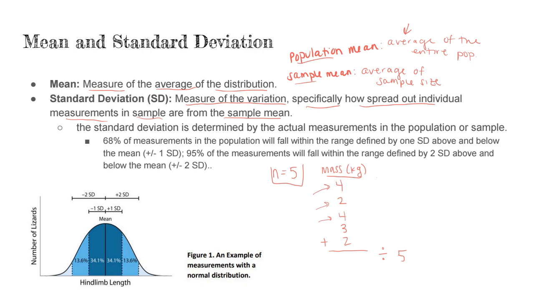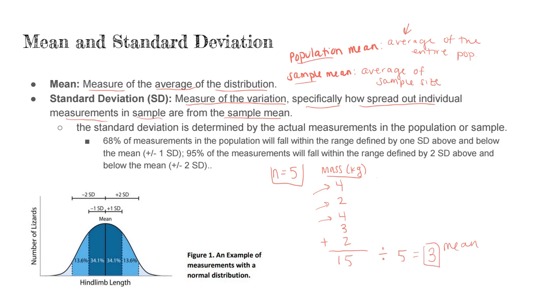If I find the mean, I add all of these measurements up and I get 15, and then I divide by n, the number of measurements, and I get 3, and that is my sample mean.